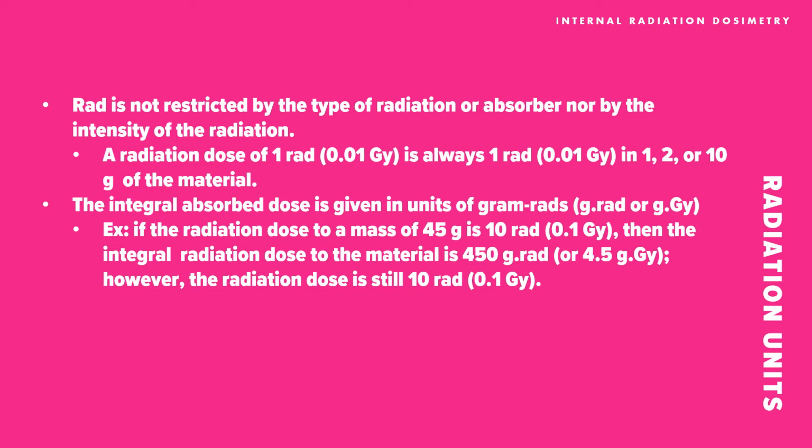Even if you increase the radiation dose to a mass of 100 gram, because the radiation dose is 10 rad, it will keep 10 rad. But if you have 450 gram, the integral radiation dose will be 4,500 gram rad. So that's the difference, so keep them separate. Radiation dose is fixed; integral radiation dose is the mass times the radiation dose.